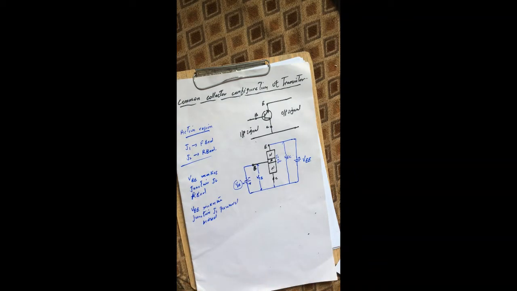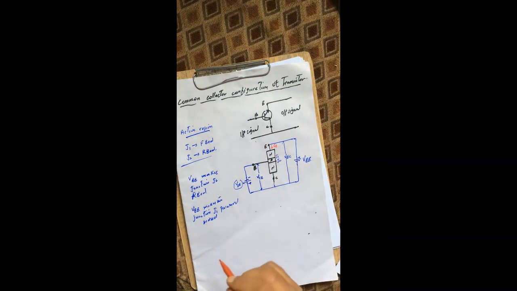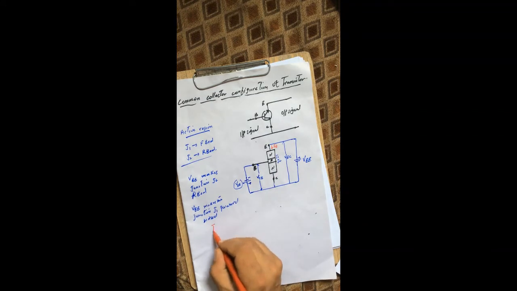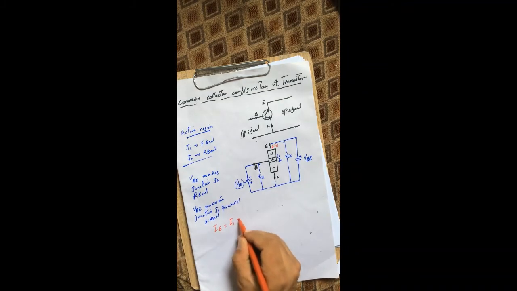Now, if you look here, this is the emitter current, which is outward, and we know the relation that emitter current IE is equal to IC plus IB.